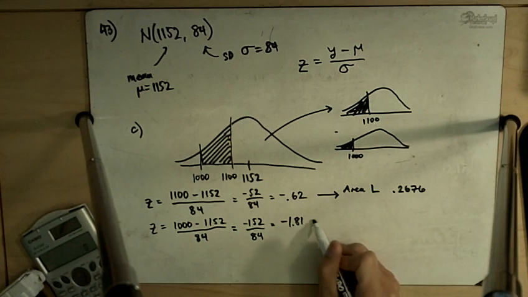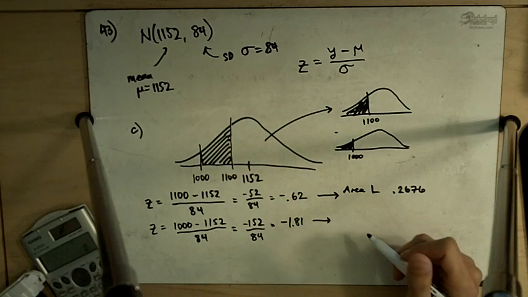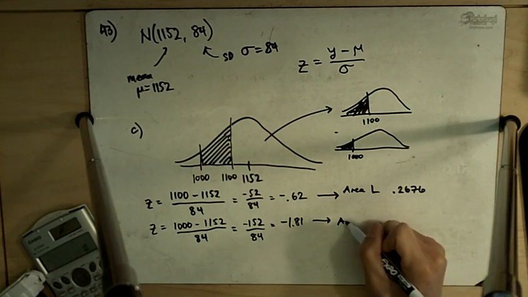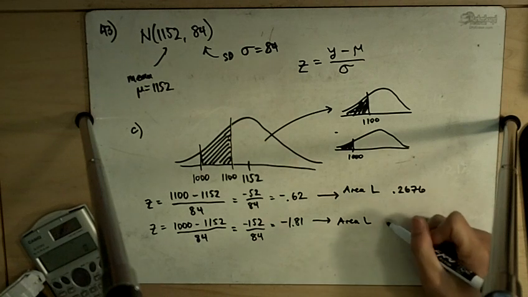In our z table, the area to the left of negative 1.81 is 0.0351.